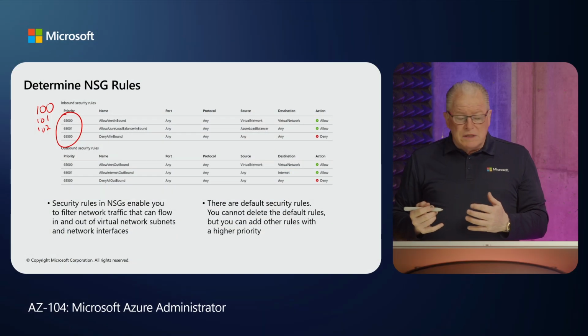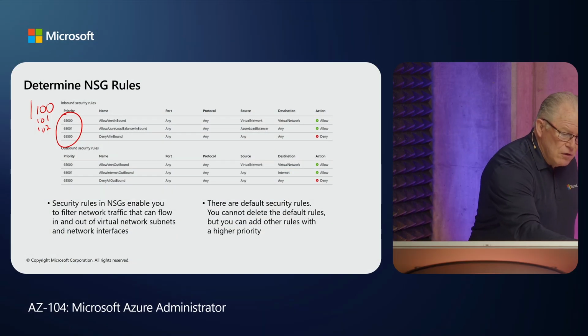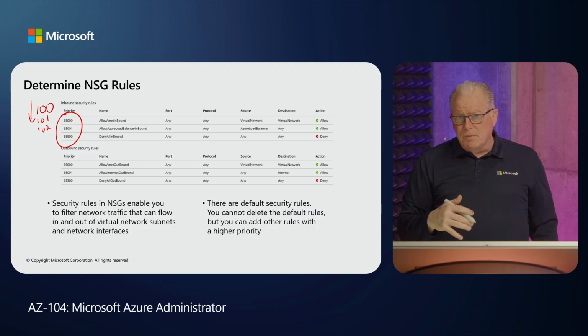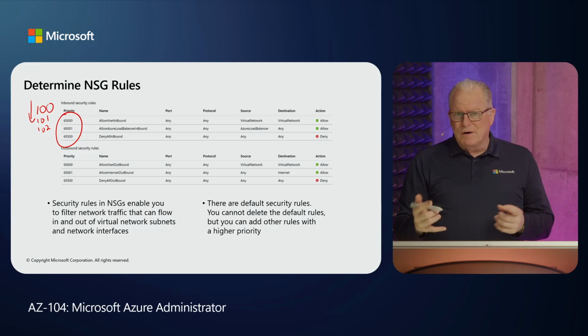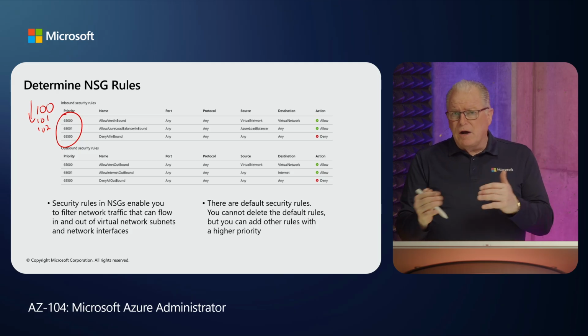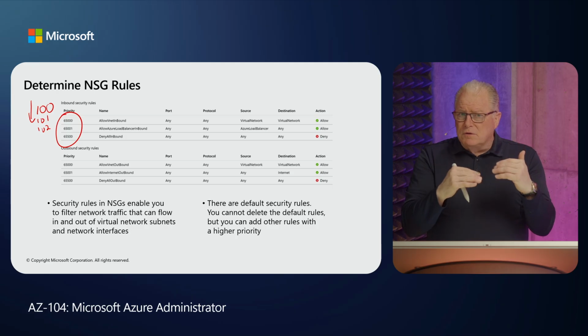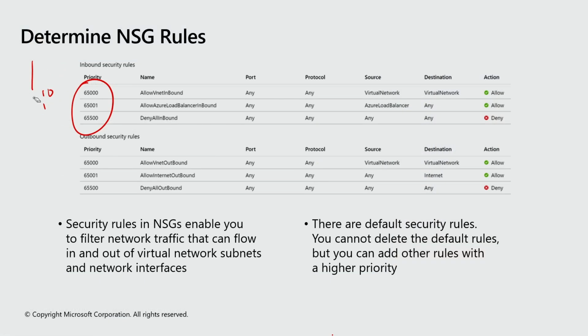Now, the rules are processed in the order of the lowest number, or what is called the highest priority. So the lowest number, or highest priority, it goes through that list till it finds one, either to allow or deny. I'm going to have a deny at 110, and I'm going to have an allow at 100.